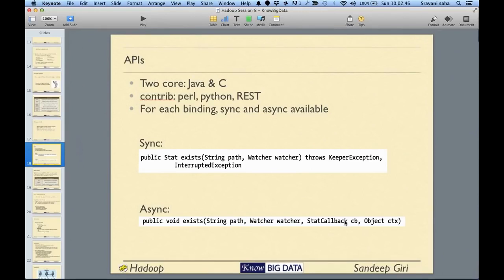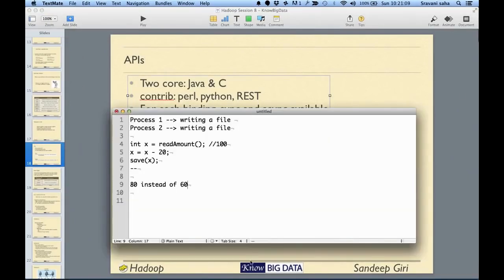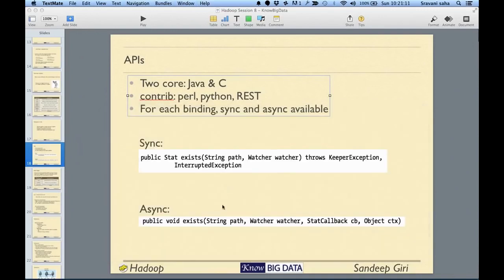This callback function is like a function handle which we pass to these functions, and whenever they finish execution, they will make a callback to your function. Sounds good? We'll talk about it in more detail later on.